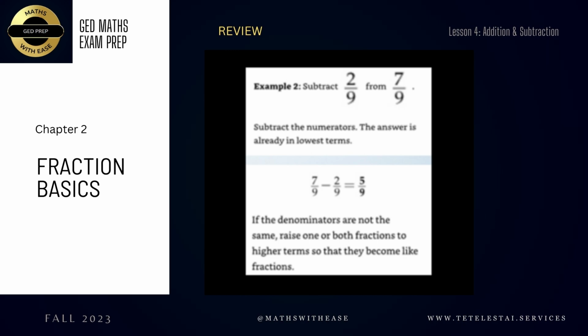So you would rewrite this as 7/9 minus 2/9. And again, we're working with like fractions, because they have the same denominator. So you would write down 9 and then simply subtract 2 from 7, and that answer is 5.